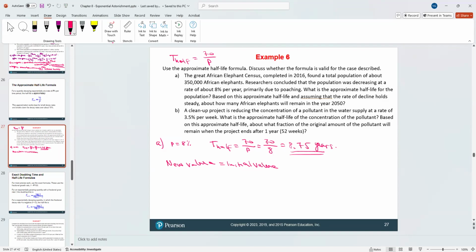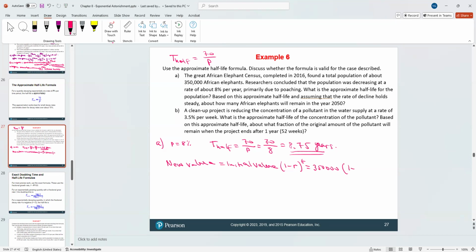We know the rate. Because it's decay, we subtract instead of adding: the new value equals the initial value, 350,000, times one minus the rate, all to the power t.